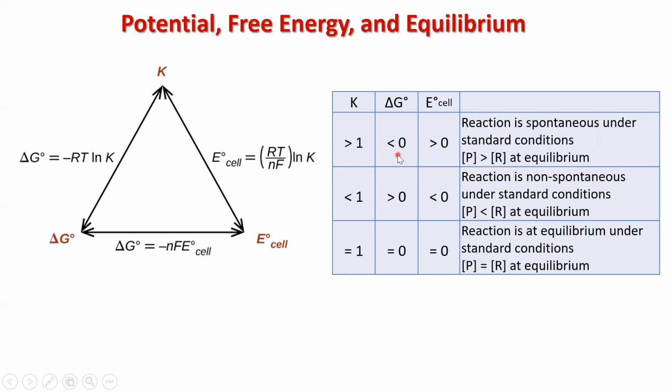Delta G is a negative value, and our potential difference is a positive value. A reaction is non-spontaneous if K is less than 1, so reactants are bigger than products. Delta G is a positive value, and our voltage is a negative value. And the reaction's at equilibrium if K equals 1, delta G equals 0, and E equals 0.